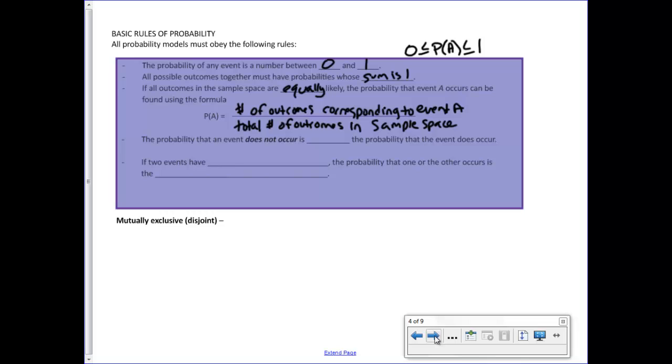Probability an event does not occur is 1 minus the probability that it does occur. Finding the probability it does not occur is 1 minus the probability that it does occur. And this has a special name for it. This is called the complement rule.